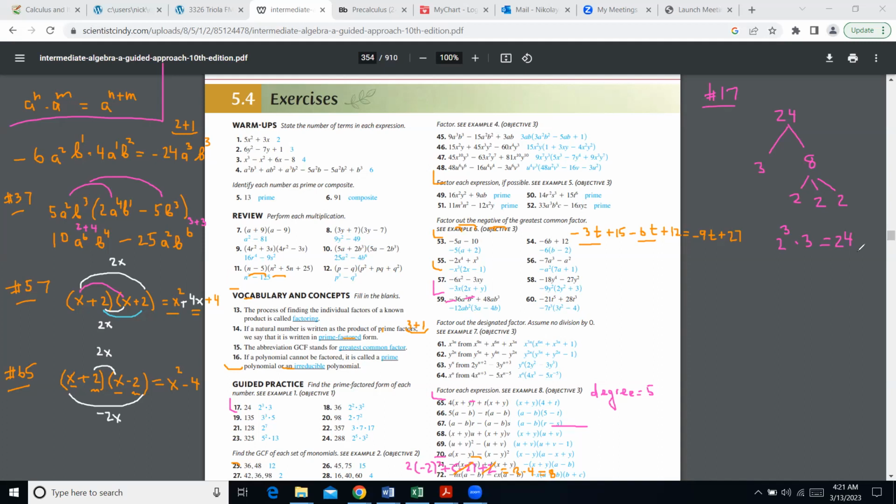So that's the idea of the section. You want to write the number as a multiplication of factors. Again, it's not simplifying, it's actually making it a little bit more unpleasant looking, but the procedure is called factoring.